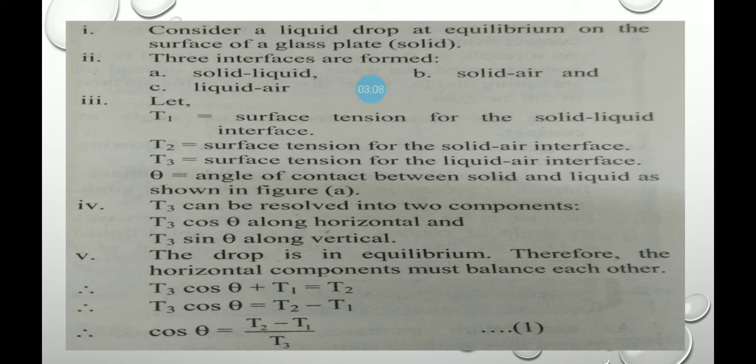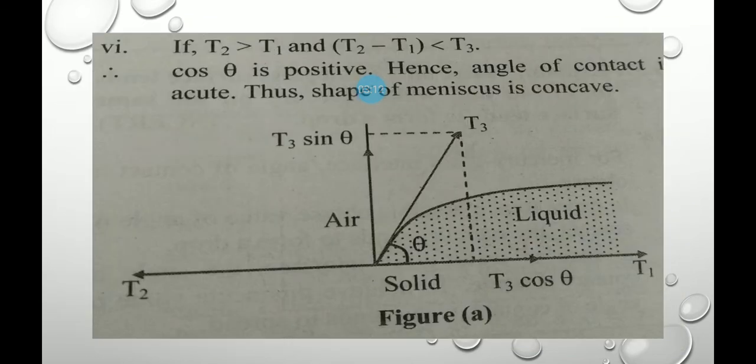Therefore cos theta equals (T2 minus T1) upon T3. If T2 is greater than T1 and T2 minus T1 is less than T3, therefore cos theta is positive. Hence the angle of contact is acute. Thus the shape of the meniscus is concave.